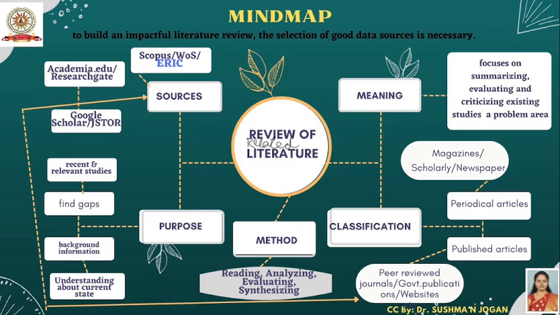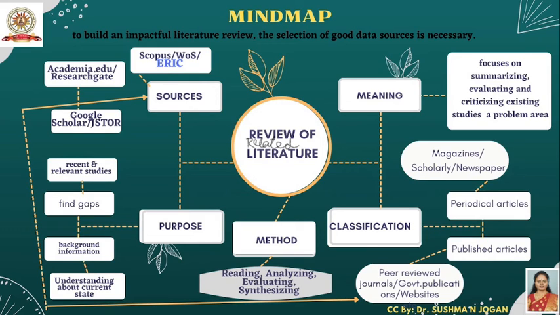Or even you can write in a systematized manner, which starts something like this: the first title, the first author, followed by year and title of the study, objectives and methodology. Methodology is all about the technique, sampling technique, statistical technique, samples, variables, and, of course, the method which has been followed to conduct the study.